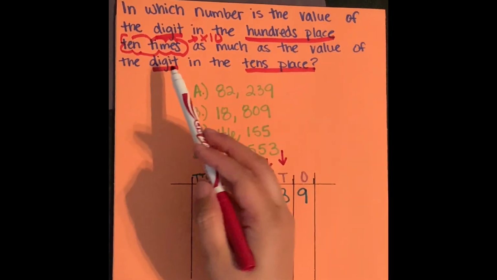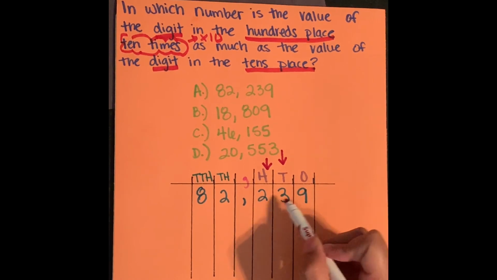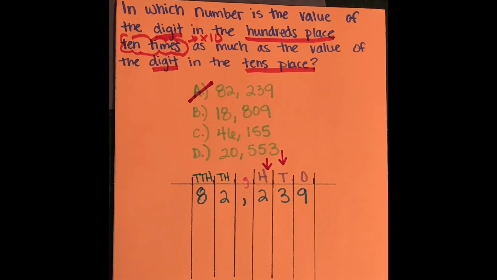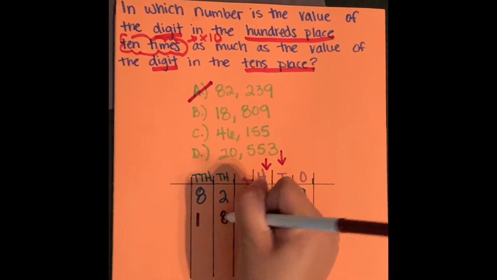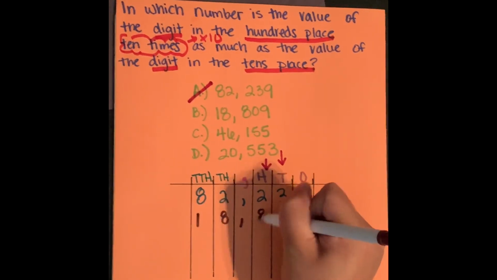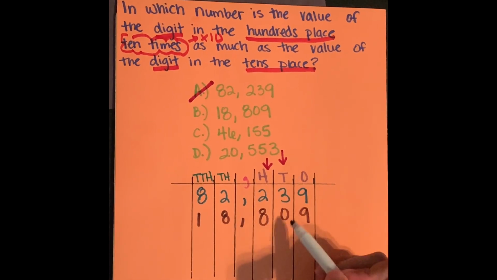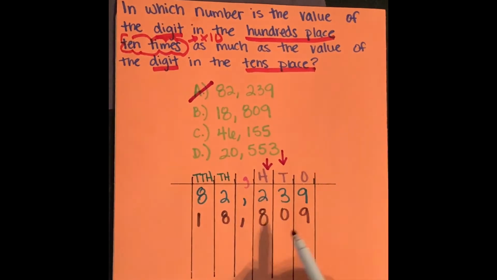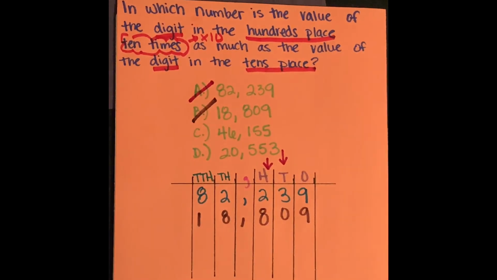It's not the same digit, so they cannot be 10 times as much. So A is out. Let's look at B. 18,809. Again, only looking at the tens and hundreds place. We have a 0 and an 8. It cannot be 10 times as much because they're not the same digit. So B is out.